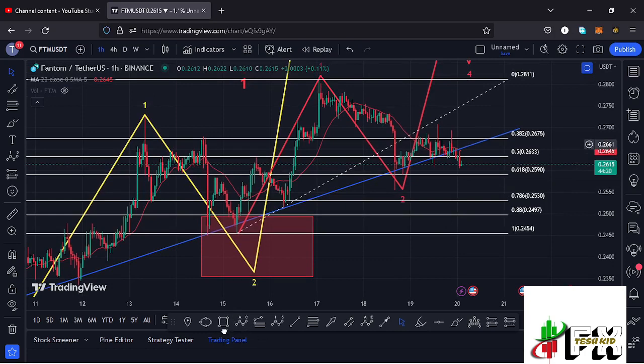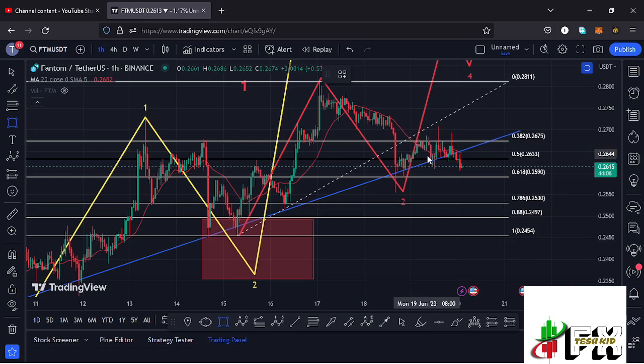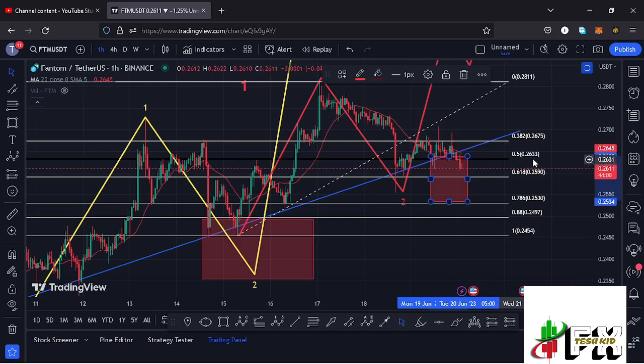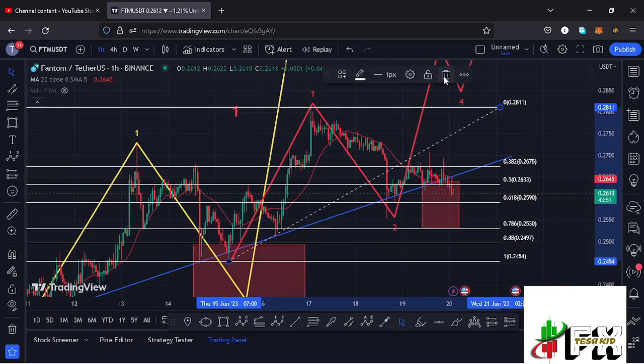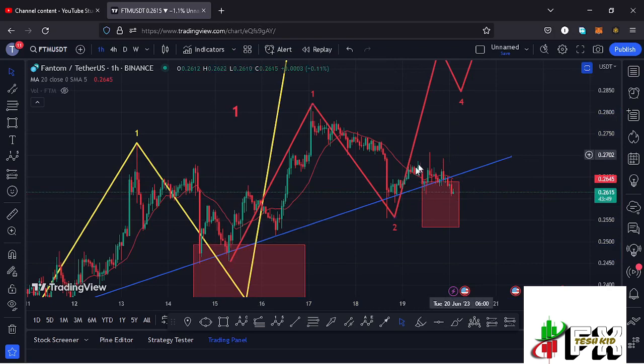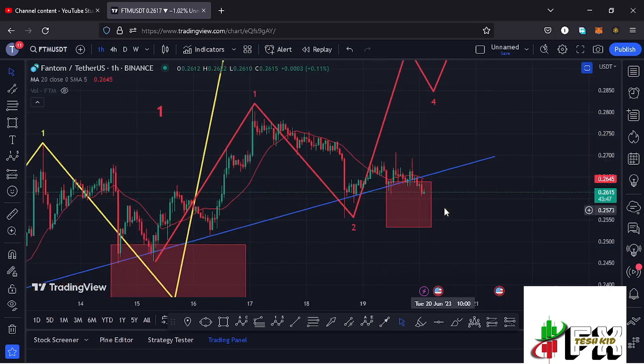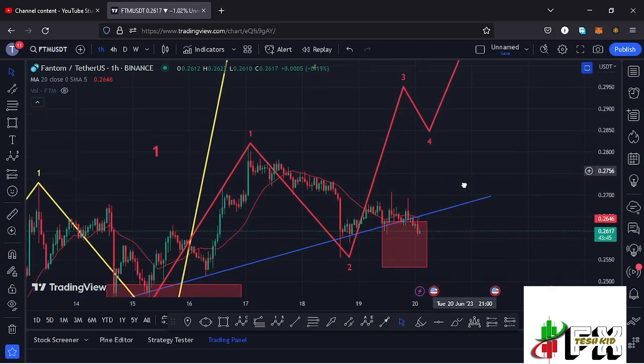And I can mark that target area here on the charts using this red target area, where you can see that within the area between the $0.2633 mark and the $0.253 mark, that is an area that we need to keep our eyes on, since within that minimum retracement area we can see a reversal to the upside in an impulsive wave.